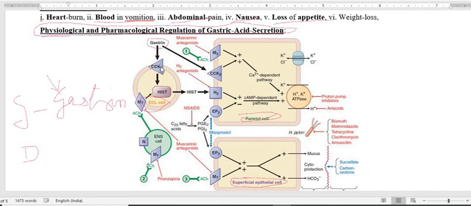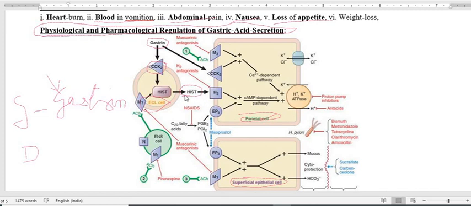Gastrin attaches to the receptor called CCK2. This CCK2 is present on the enterochromaffin-like cell, and gastrin activates the receptor, and therefore histamine gets released. That histamine, released within the stomach, now acts on the main cell participating in gastric acid secretion, called the parietal cell.